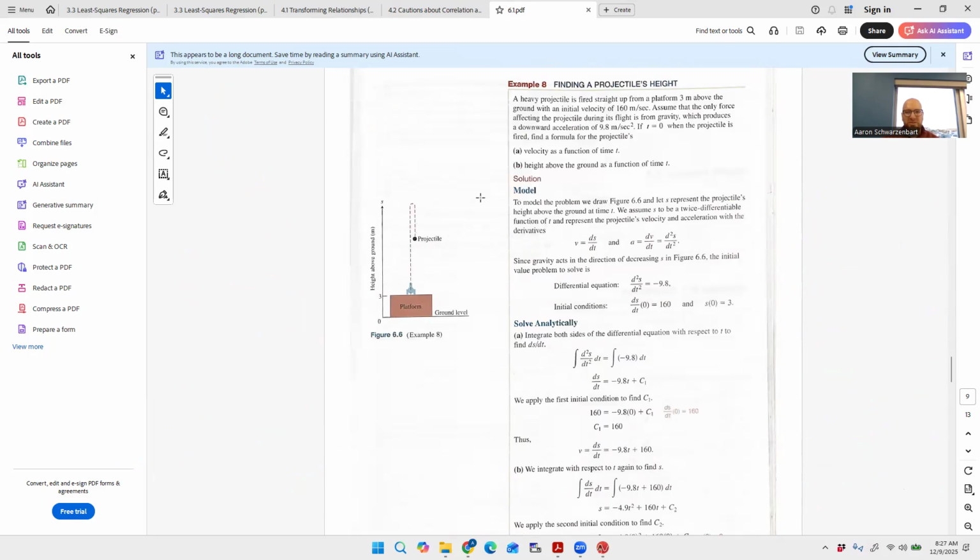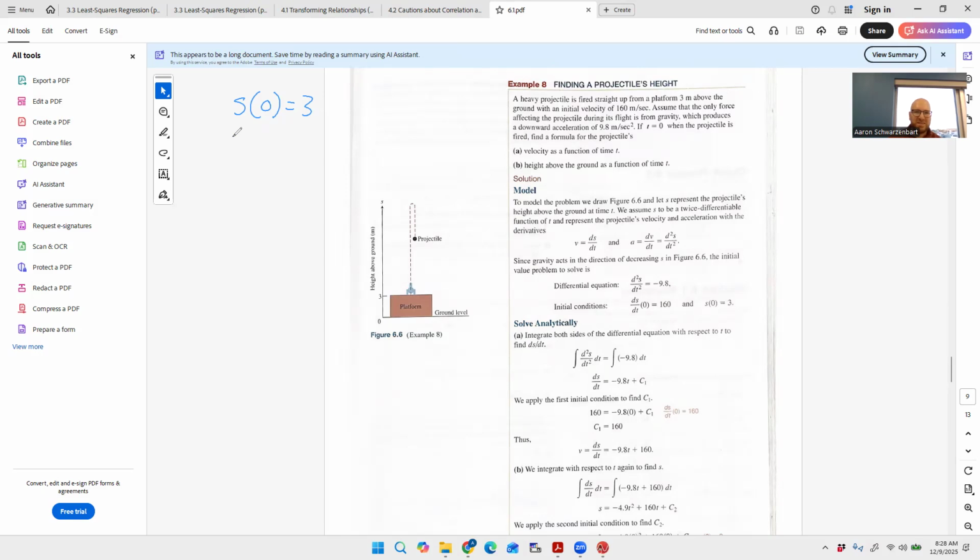So, finding a projectile's height. Okay. We know that a heavy projectile is fired straight up from a platform 3 meters above the ground. So position at 0 is 3.